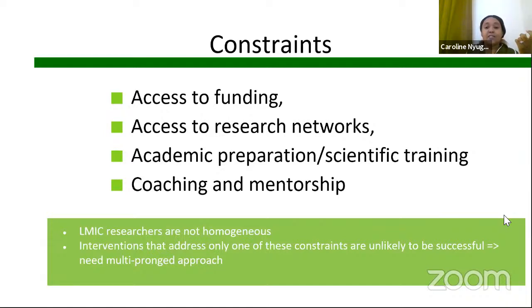So generally, there's just a lack of networks on the continent, as well as opportunities for researchers to meet often. So, local researchers meeting with international researchers, as well as donors, for various collaborative efforts.